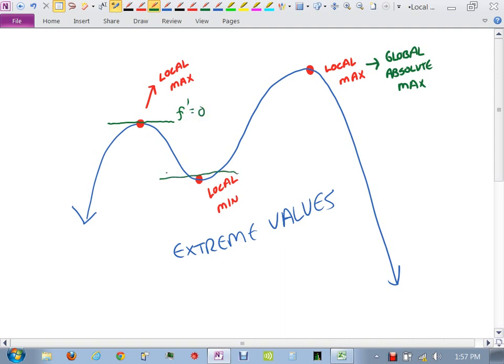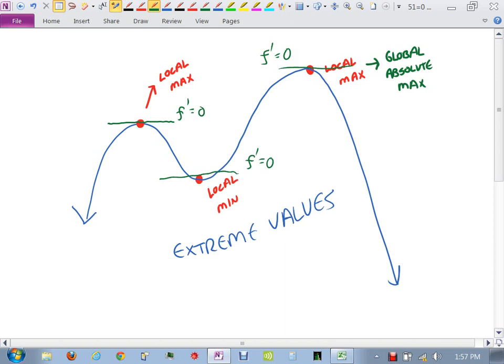Here, F prime is 0 again. Here, F prime is 0 again. So we had a theorem in here. It's called Fermat's theorem. It's 4.1.8. It says, if F has a local max or min at a point C and the derivative exists, then it has to be 0.